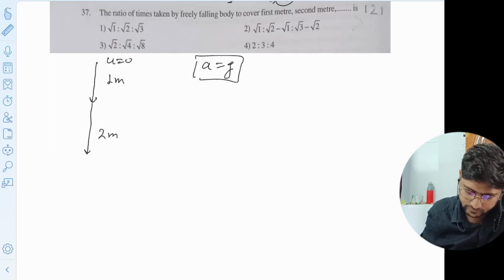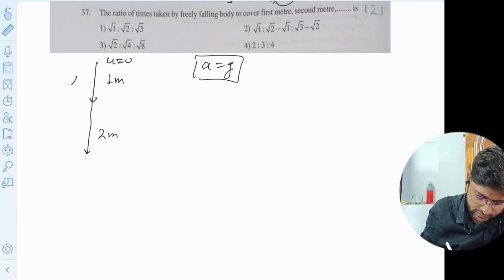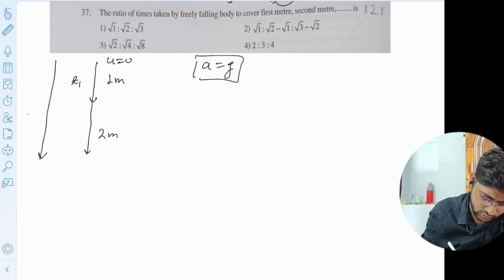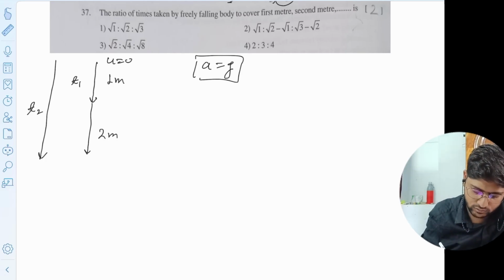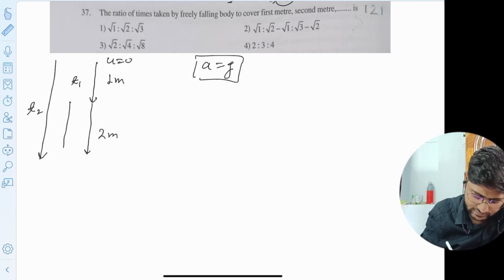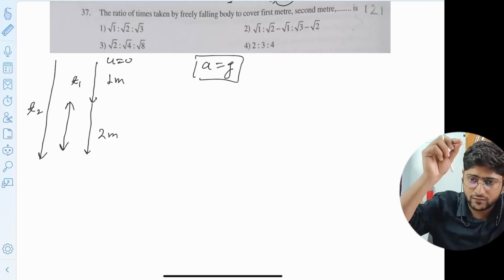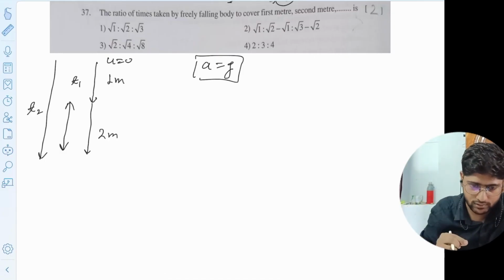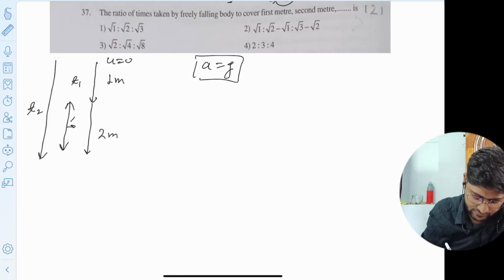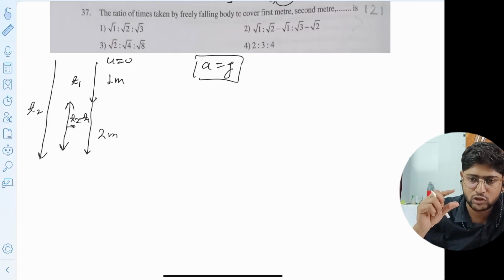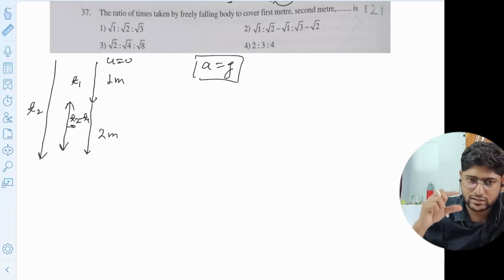If I say the total time taken in the first meter is T1, and the total time to come up to here is T2, then the time for only the second meter, not 0 to 2, is T2 minus T1.